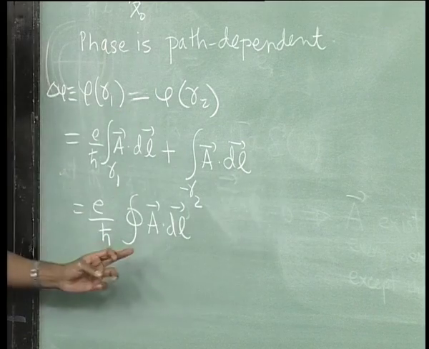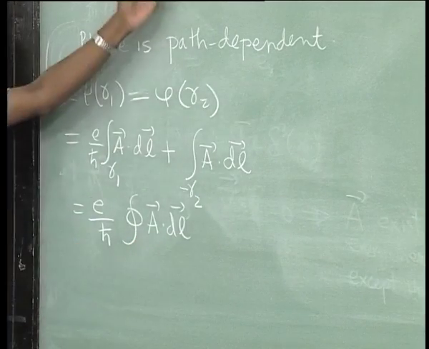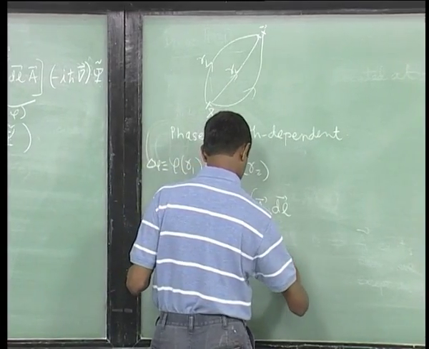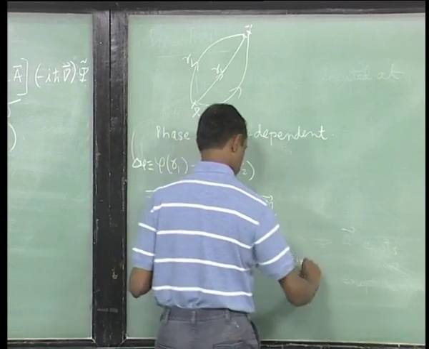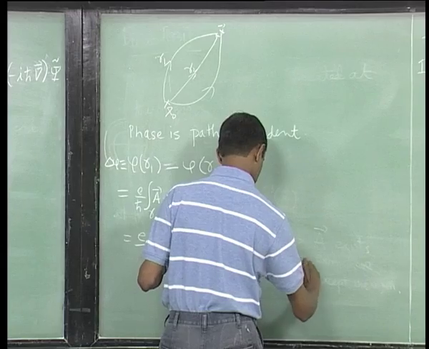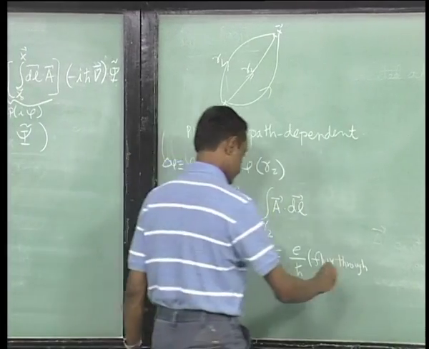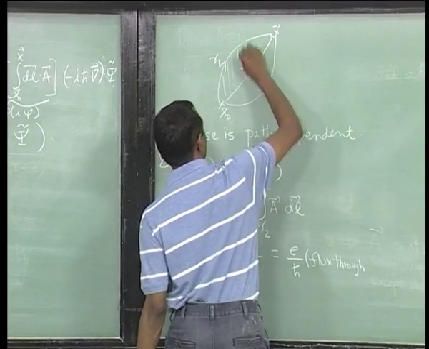But the same argument, going in the opposite direction, shows you that this is equal to the flux through this area.